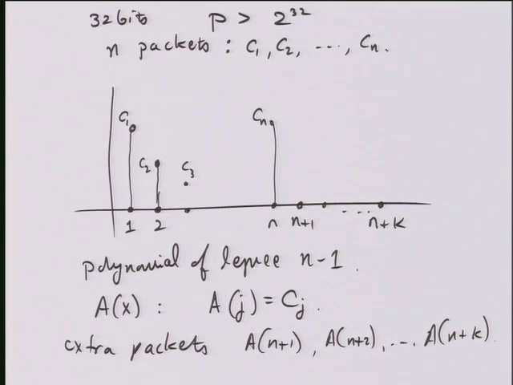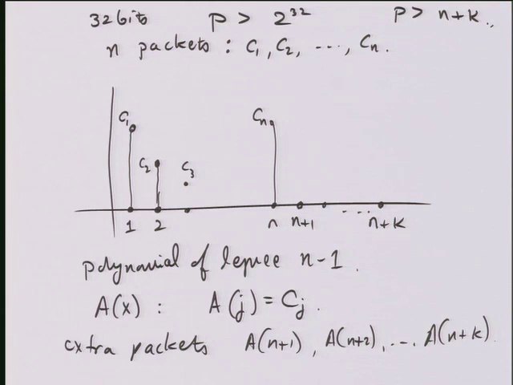Well, the condition we needed was p is larger than n plus k. Right? We have to have at least this many points mod p in order to carry out this scheme. P has to be large enough. But that's not a problem here because p is actually pretty large. It's 2 to the 32. There's no problem with that. Okay? And then, what did we do?